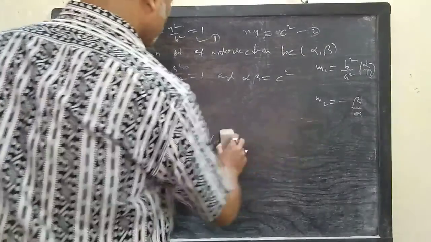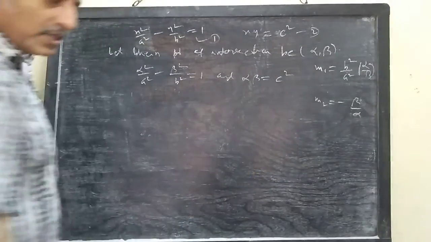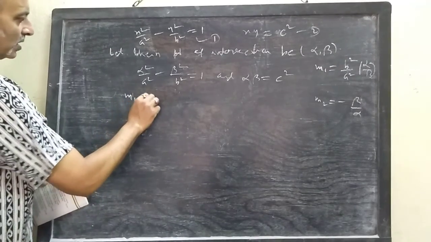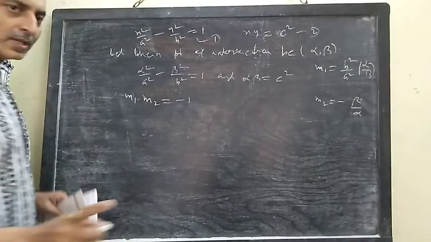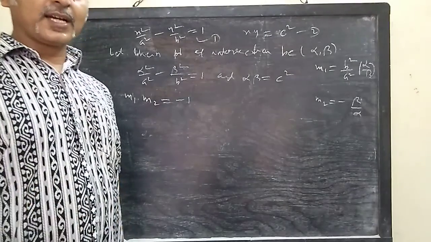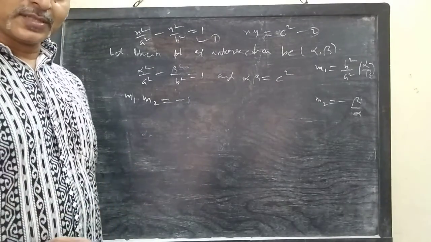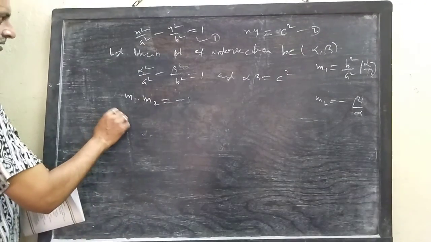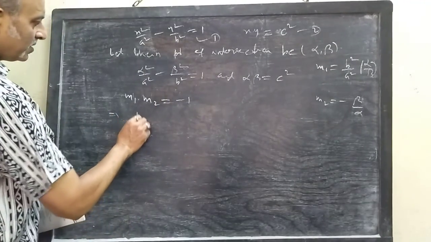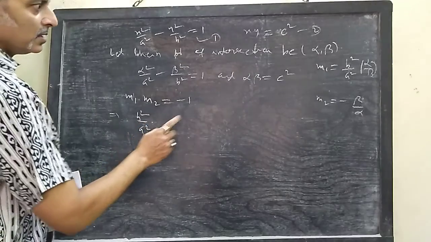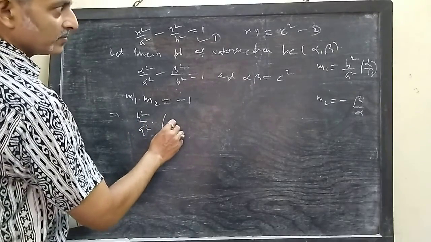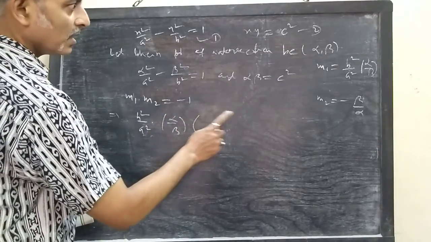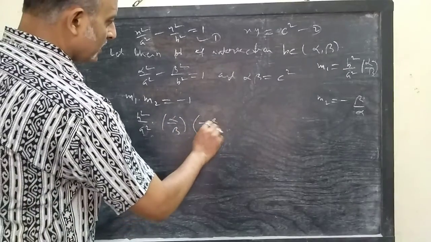Now, for the curves to be orthogonal, we must have m1 into m2 equals minus 1. Here you are to find the condition under which the curves cut orthogonally. So the curves will be orthogonal if m1 m2 equals minus 1. That implies m1 is b square by a square into alpha by beta, and m2 is minus beta by alpha.